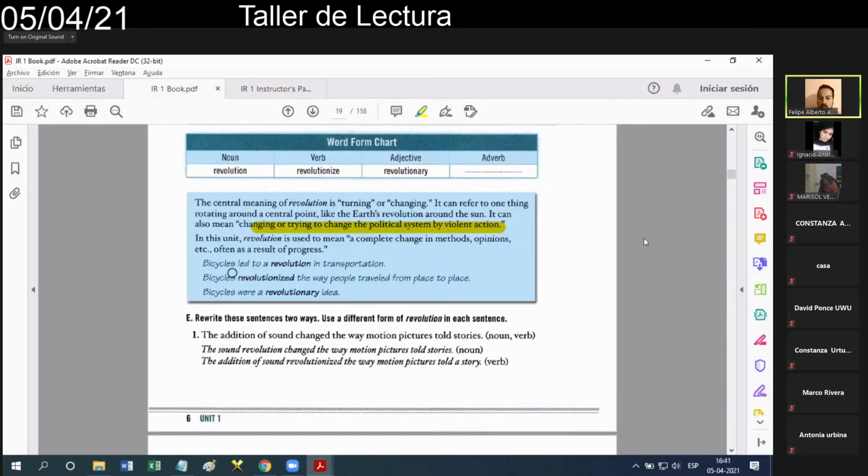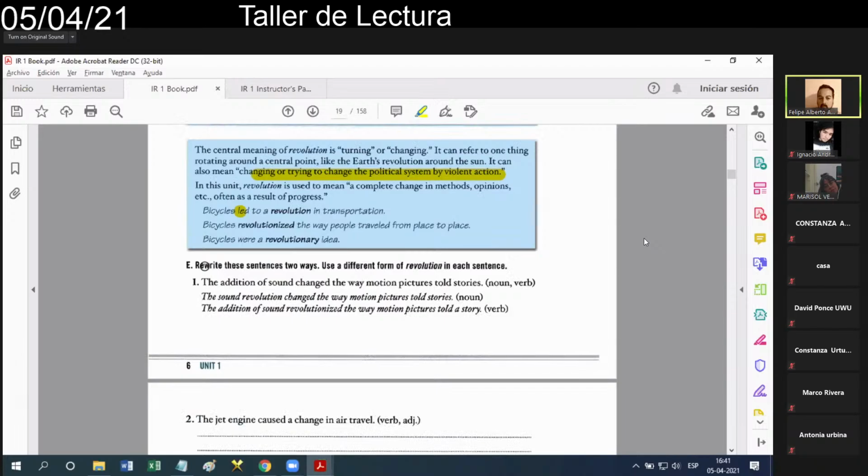For example, bicycles led, the past of lead, to a revolution in transportation. That's correct. Bicycles revolutionized the way people traveled from place to place, and bicycles were a revolutionary idea.